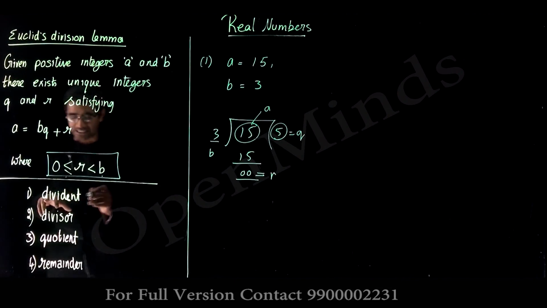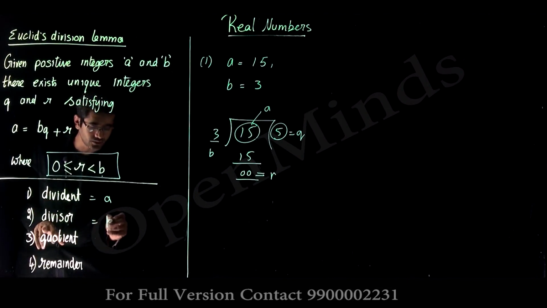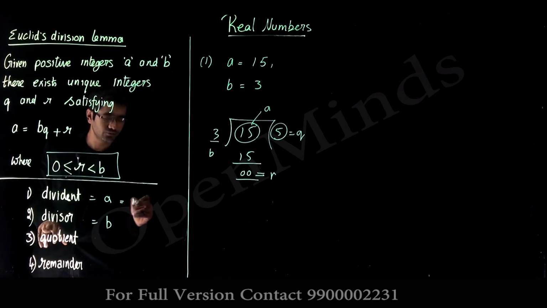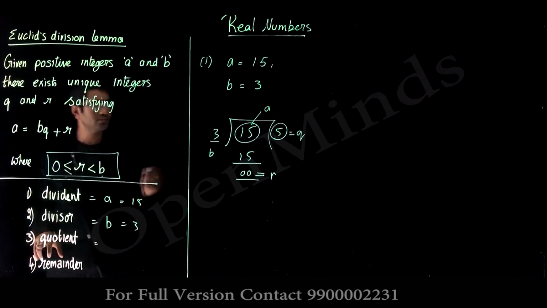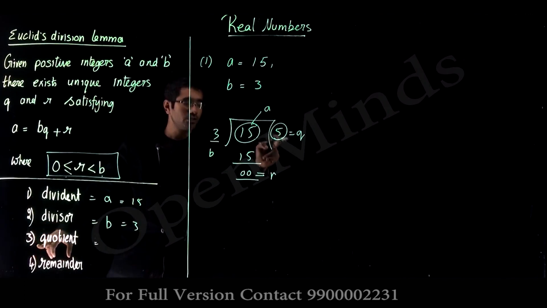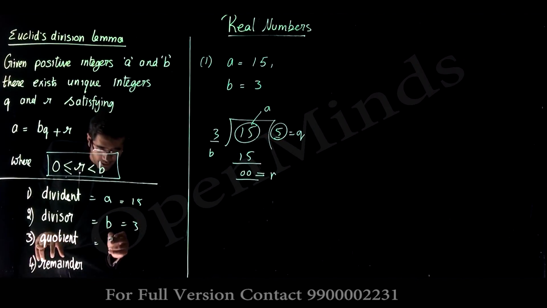The dividend is a for me, what I'm dividing, which is 15 here. The divisor is b, which is 3 here. What is the quotient? 3 times 5 is 15, so the quotient is q, which is 5, and the remainder r is 0 in this case.